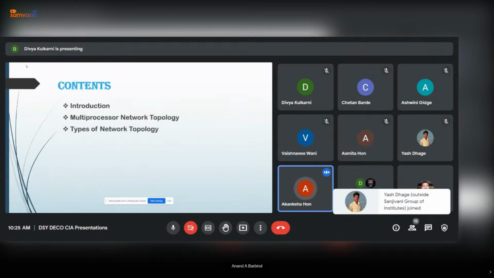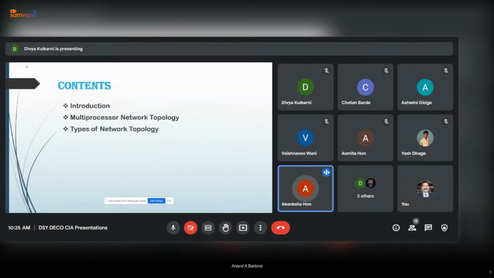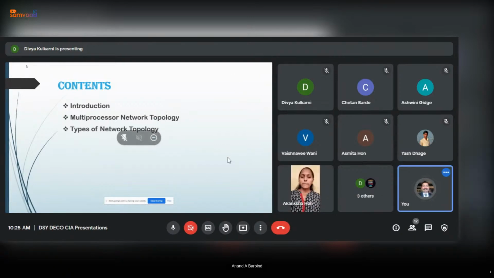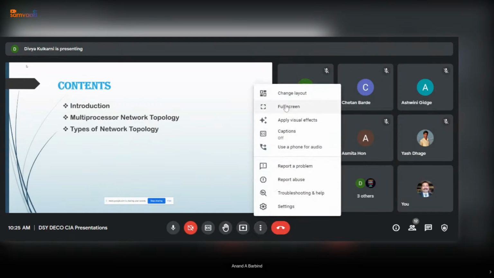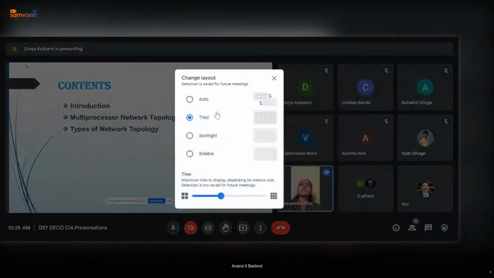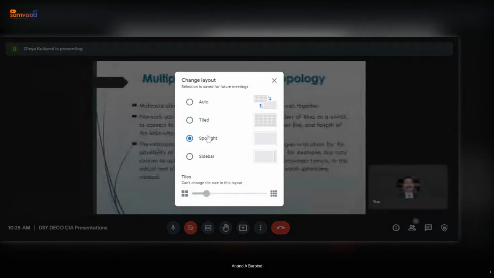Second is the multiprocessor network topology, and third is the various types of network topology. So first of all, we will explain multiprocessor network topology.